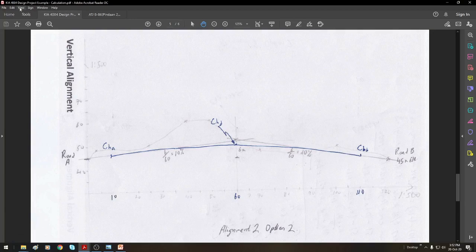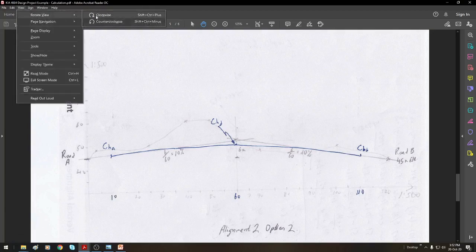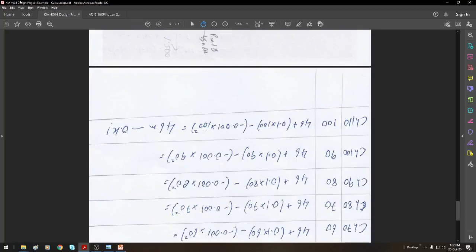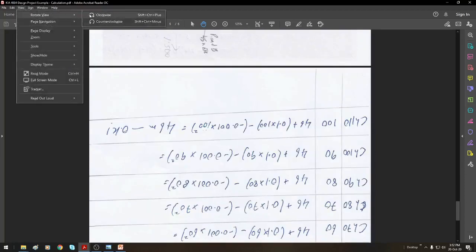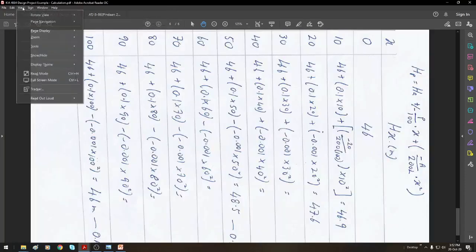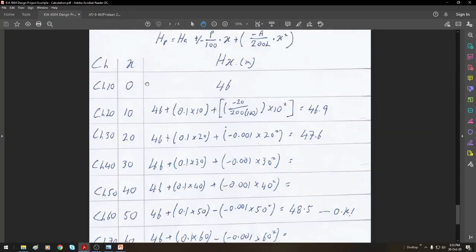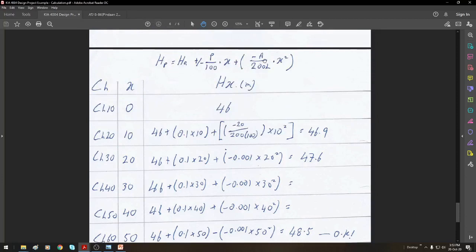So the X value increases. A is the value that you calculated earlier, negative A here. L is the length of the vertical curve, and X squared is the X value.